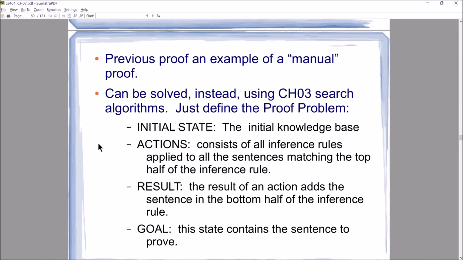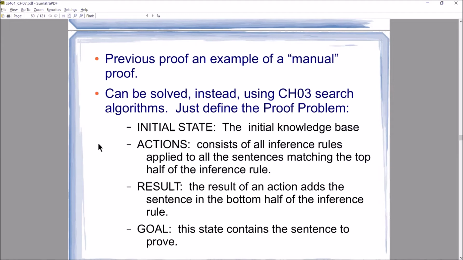Now the actions you have to define for the problem are made up of the set of actions that are all of the inference rules applied to all of the sentences matching the top half, the first part, of the rule.